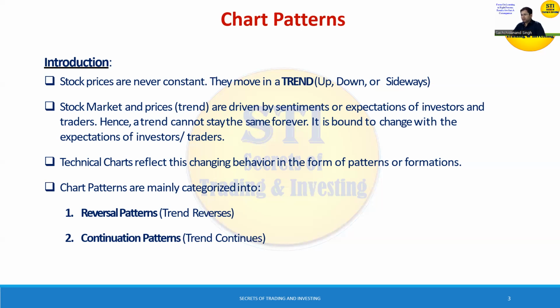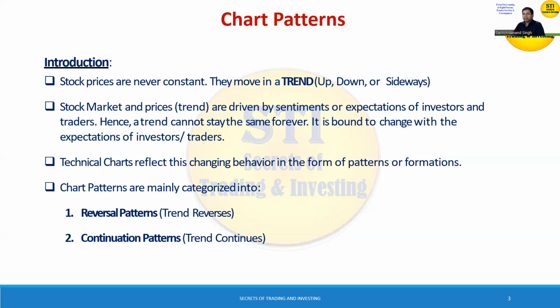So we need not worry about it. Whatever the individual or mass psychology, whatever the market trend or price movement is going to be, it is going to be reflected on the chart. And any trend, as we keep discussing, cannot stay the same forever.